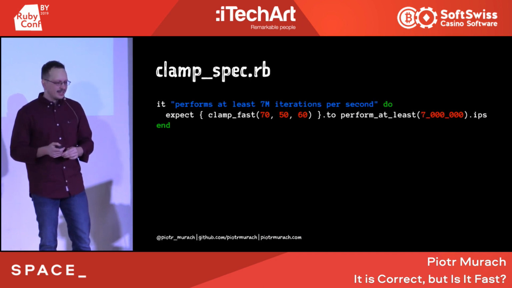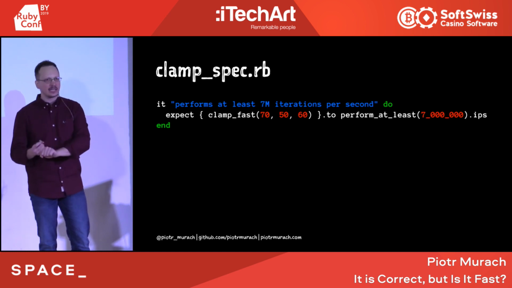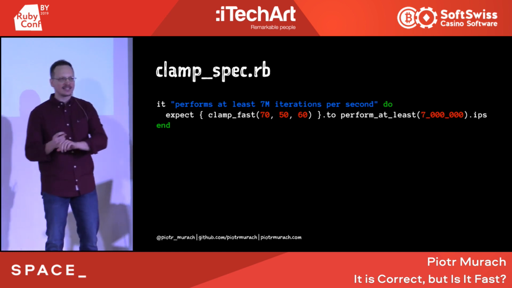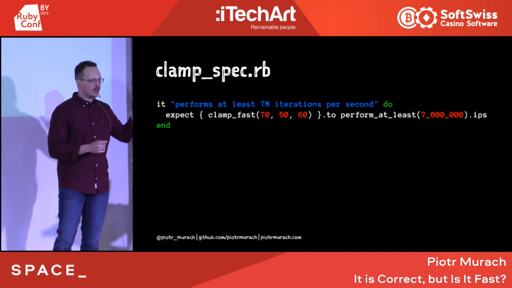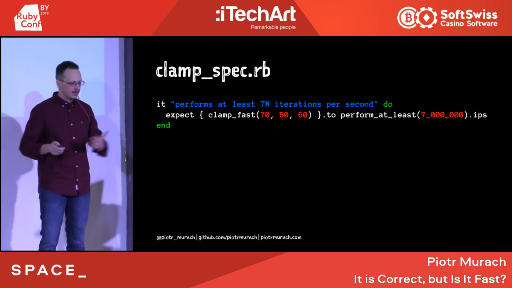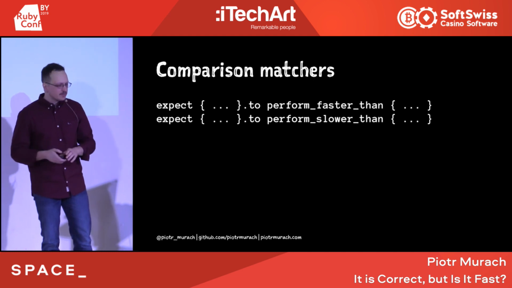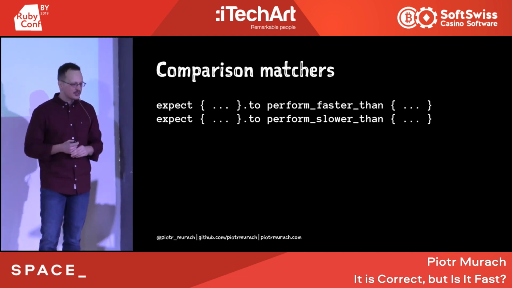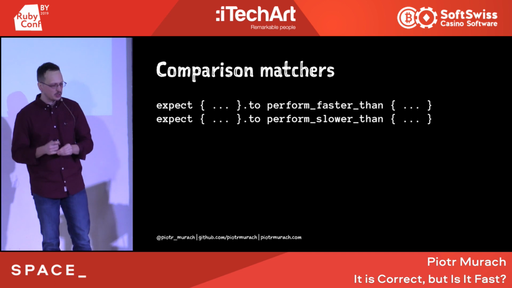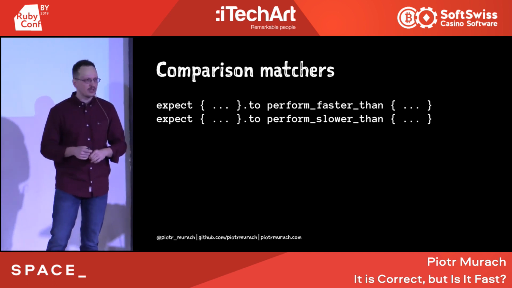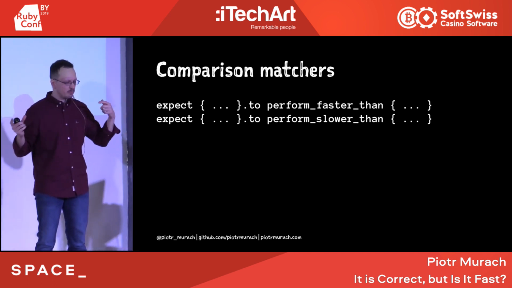But is that really what we want to do? You can ask yourself, because fundamentally, when we run the code, we want to know that it's faster by an order of magnitude than the previous code. We are moving ahead, so you don't have to do any maths in your head. You can use those 2 matchers, perform faster than and perform slower than, to assess 2 bits of code.